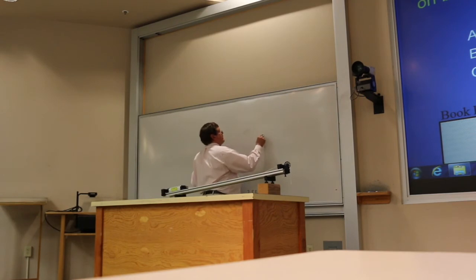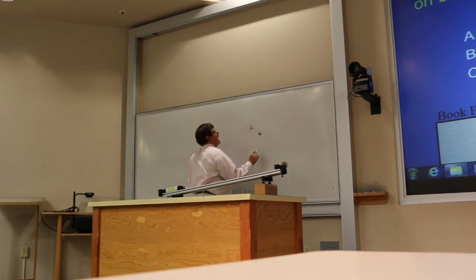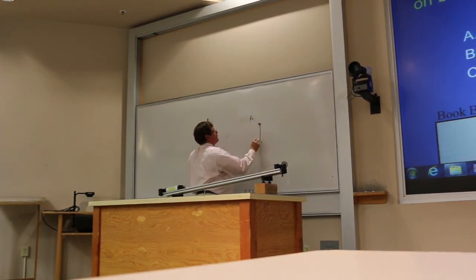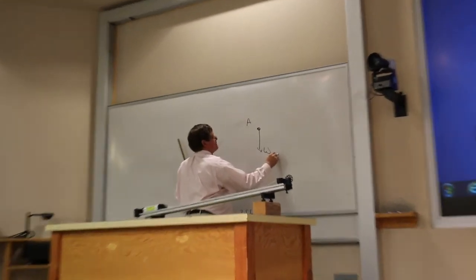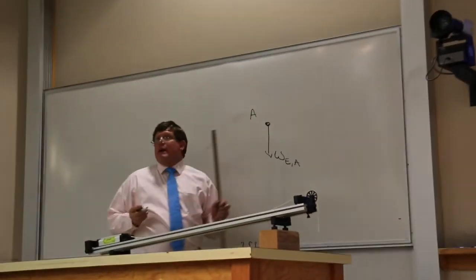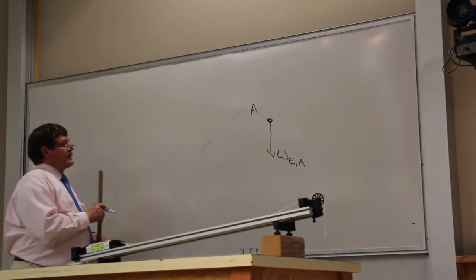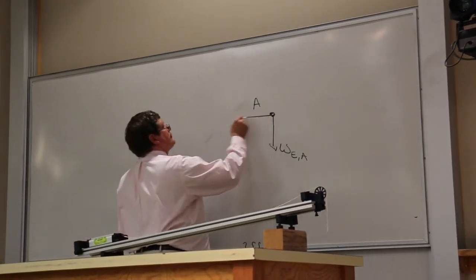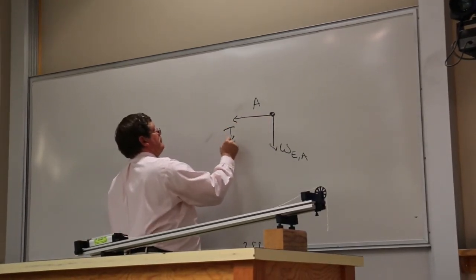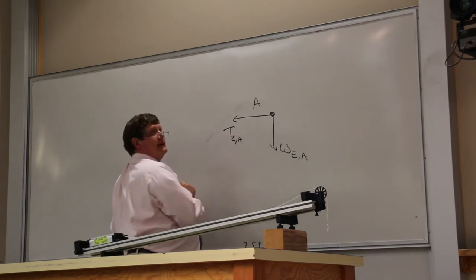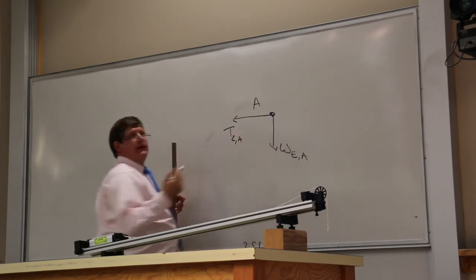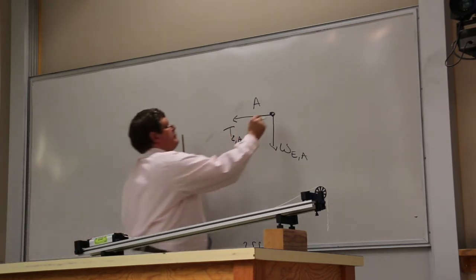A. So if I draw a free body diagram for book A, I have a weight force down, earth on A. I then ask, are there any magnets? No. So what touches A? Well, string 2 pulls back. I'm also told that string 1 pulls forward.